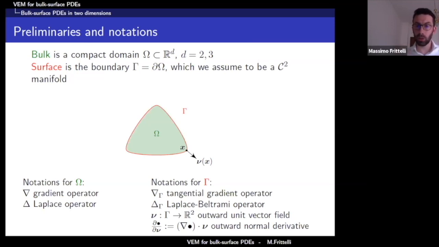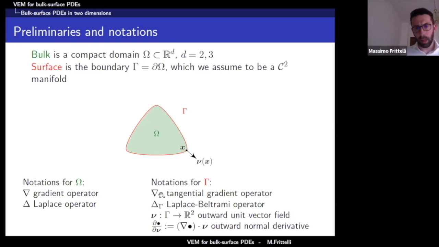So we consider two different space dimensionalities. And we refer to the boundary of such a domain as the surface, even if in the case d equals 2, it is a curve actually. But in the language of bulk surface PDEs, we call it the surface nonetheless.